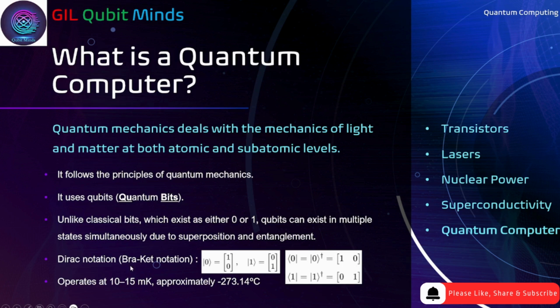We'll also explain this at a point of time. And finally, we can see that the quantum computer generally works at an extremely cold temperature, about 10 to 15 millikelvin, or we can say minus 273.14 degrees Celsius.